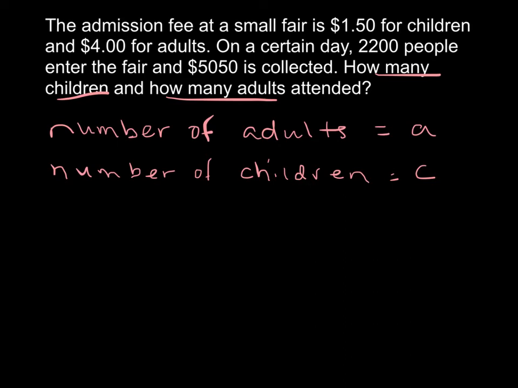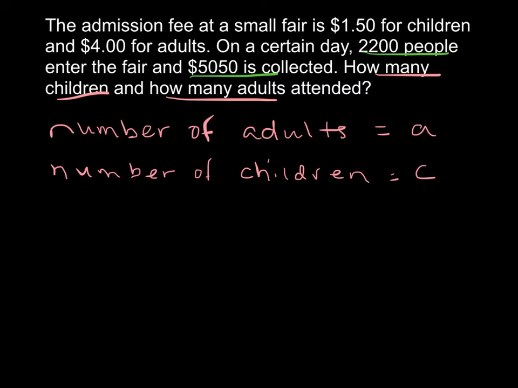So we know that we're talking about two different issues. We're talking about total number of people and money. So we're going to have two different equations pulled out of this one problem. Okay, so we've got two different variables, A and C, and now we're going to have two different equations.